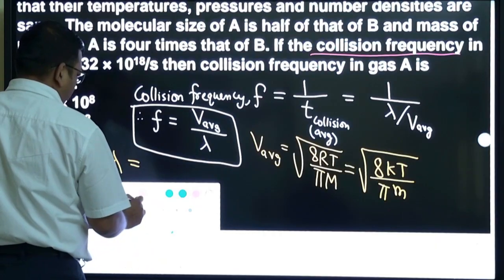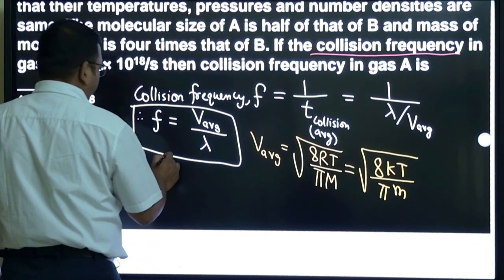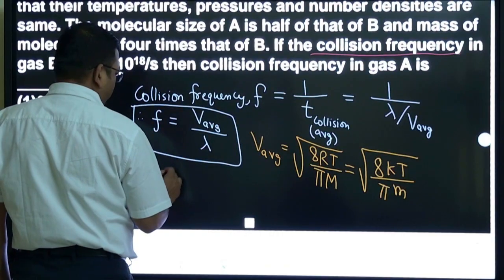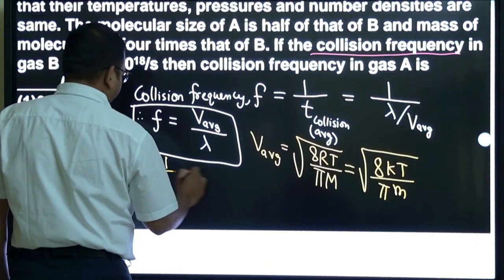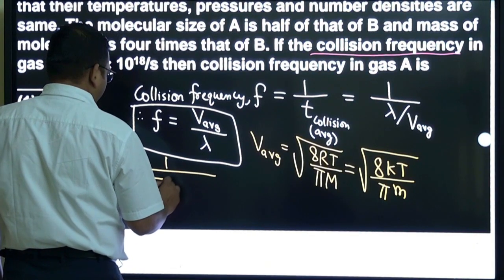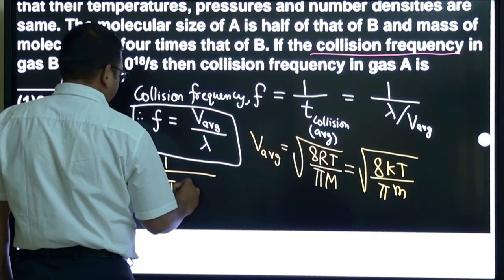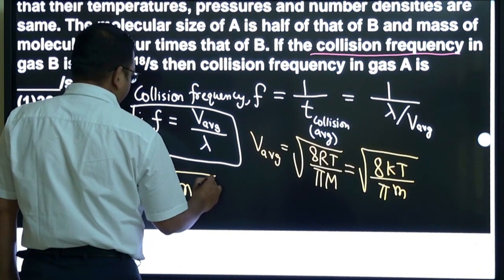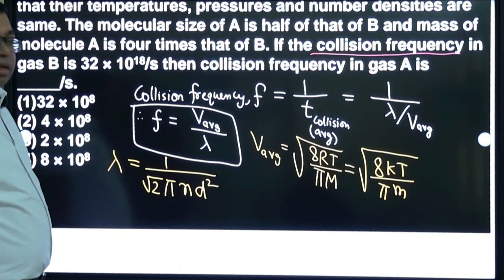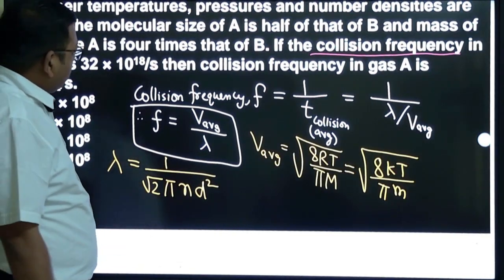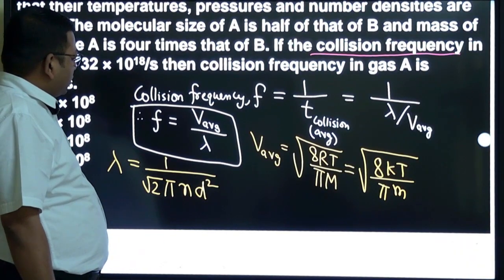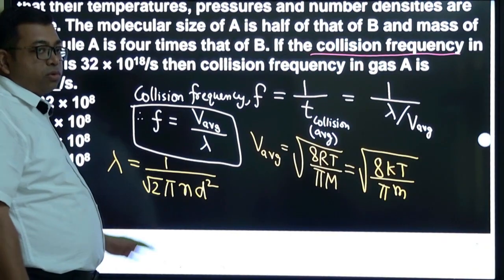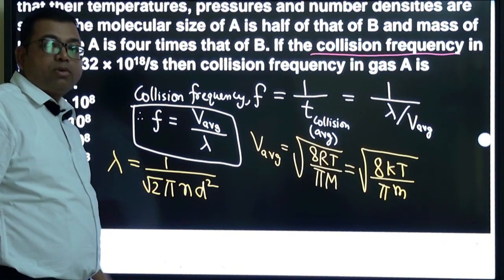Mean free path formula: lambda is 1 divided by root 2 pi n d square. What is n here? N is the number of molecules per unit volume, not number of collisions.